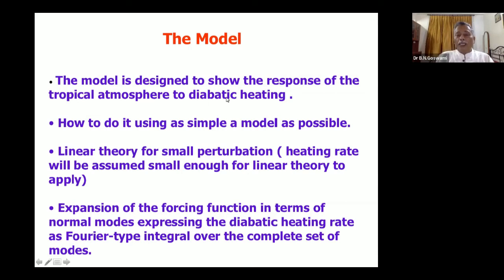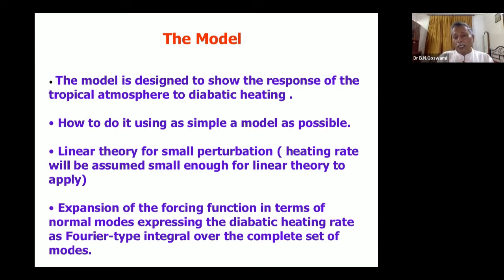Now, for convective heating, the heating is maximum in the middle atmosphere, and therefore there is a large vertical structure. There is heating going up all the way to the top of the atmosphere and down to the bottom of the atmosphere, but with the maximum in the middle. So it is a large vertical structure, and this essentially projects onto a first baroclinic mode structure of the atmosphere, and that is what is used in most of the studies here.